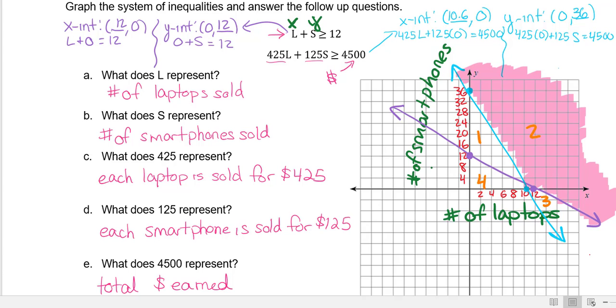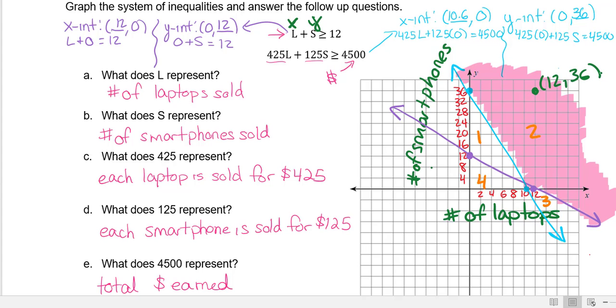So it will look something like this, with the blue line being the border over here and the purple line being the border over there. Again, if we wanted to check, we can take any point in my area that I shaded, and I'm going to be selling more than 12 laptops, right? So if I pick a point over here, this would be the point 12, 36.